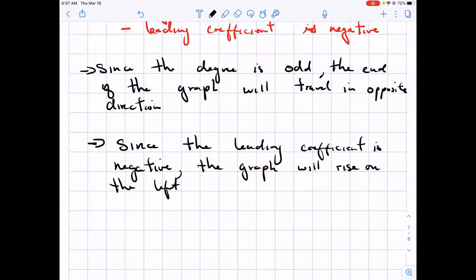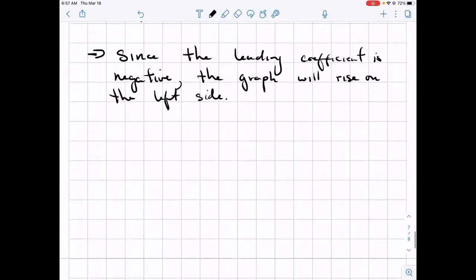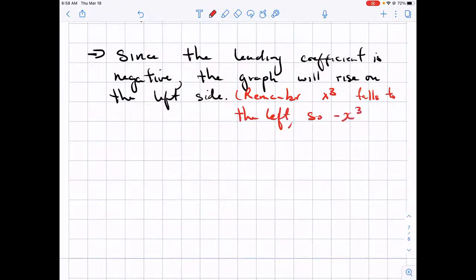Now, how do I know this? You should remember that x cubed falls to the left. So minus x cubed will rise to the left.